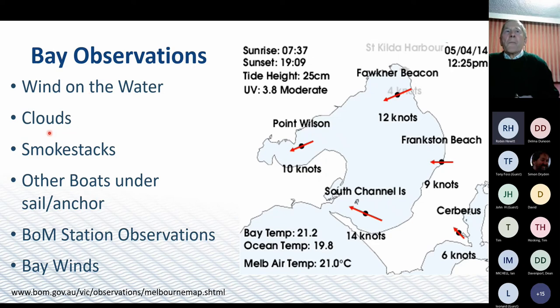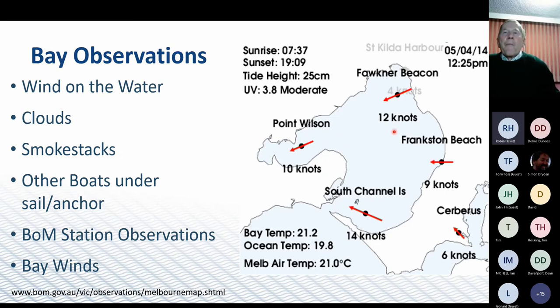You can look at the clouds because you can see what's developing there, while some sailors are not looking at the sky, and you can see who's doing what's wrong. The same goes for smoke out of smokestacks and other boats under sail or anchor, and which way they are hanging on the anchor. And you can go to sites like Bay Winds or the Bureau's station observations.